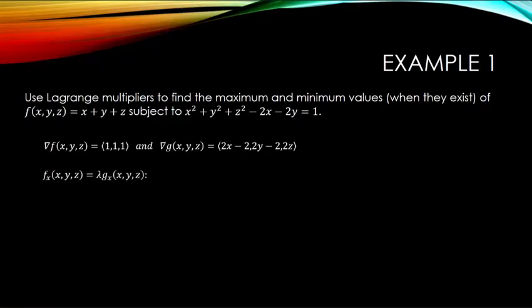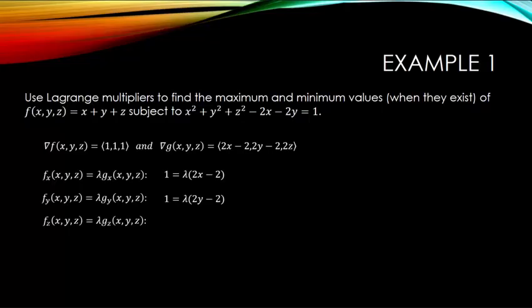f_x is equal to lambda times g_x. This gives me 1 is equal to lambda times (2x minus 2). f_y is equal to lambda times g_y gives me 1 is equal to lambda times (2y minus 2). And f_z is equal to lambda times g_z gives me 1 is equal to 2 lambda z.